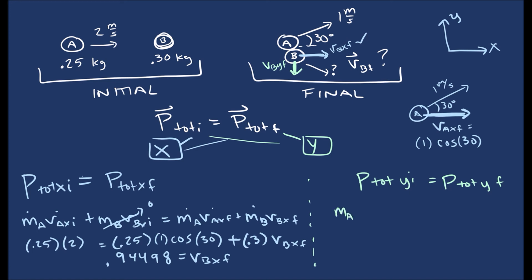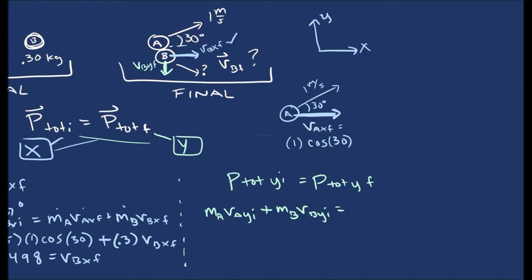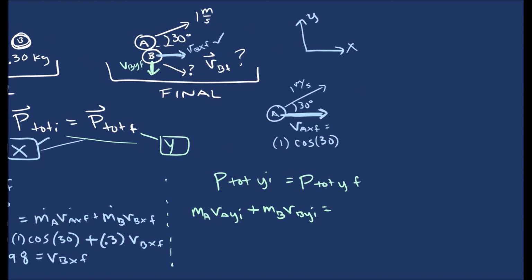So we have mass A, VAY initial plus mass B, VBY initial equals our final. So we have mass A, VAY final plus mass B, VBY final. Lots of subscripts here.